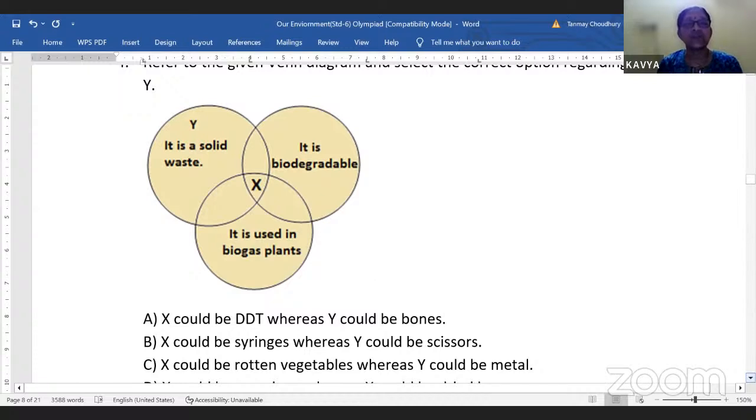X could be DDT? No, I'll just write down what DDT is.